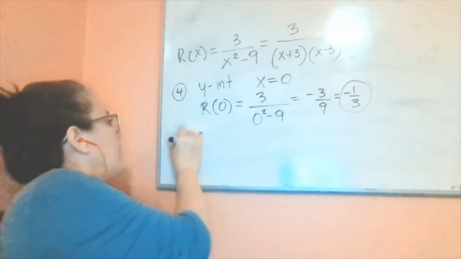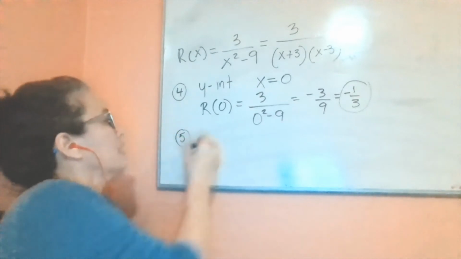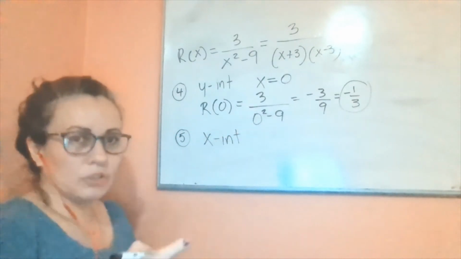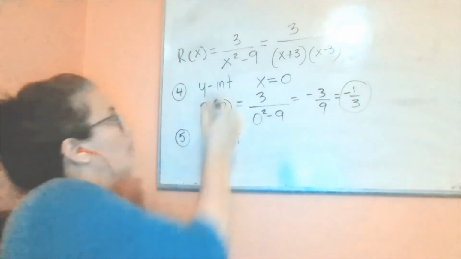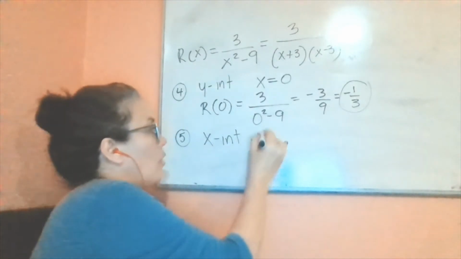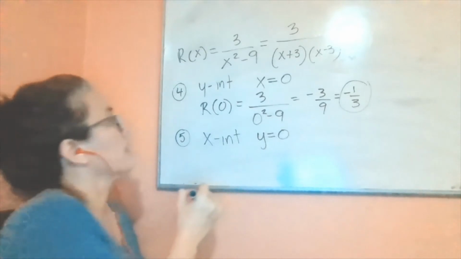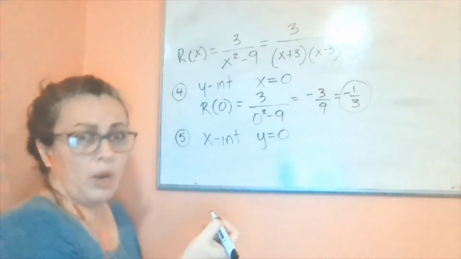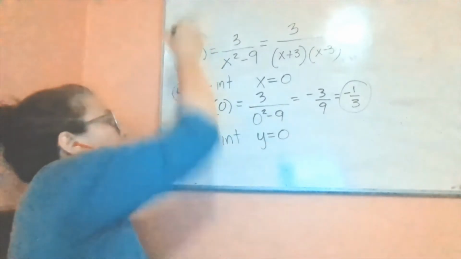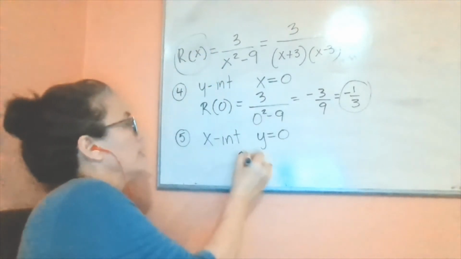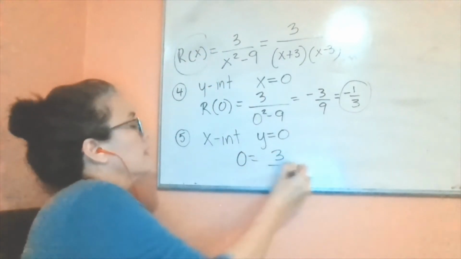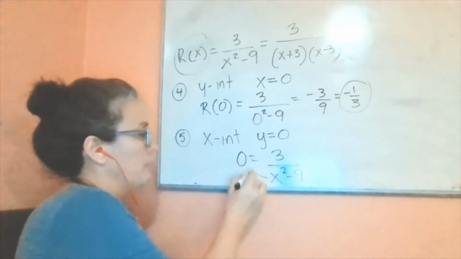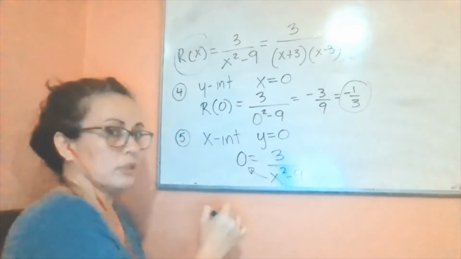And then we have 5, x-intercept. The definition of x-intercept is this. We make the y equal 0. It's kind of confusing because you don't have any y, but we know this represents the y. So we're going to do 0 equals 3 over x to the second power minus 9. We move this over here to multiply.